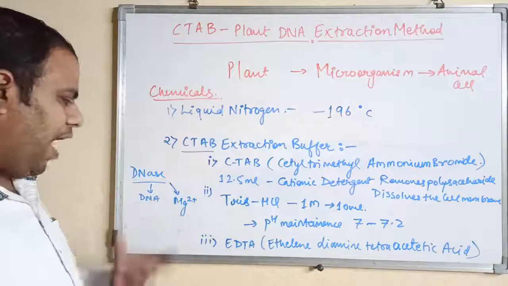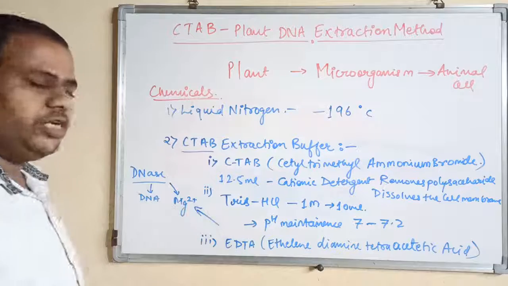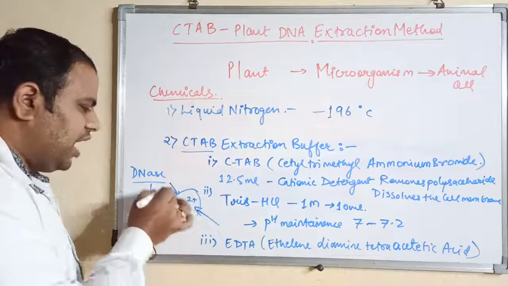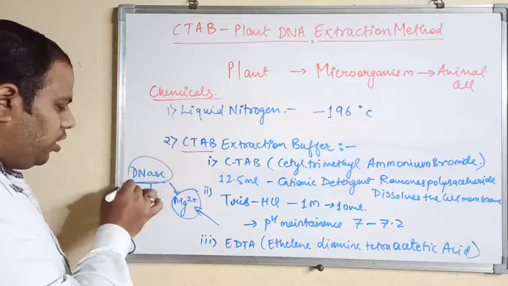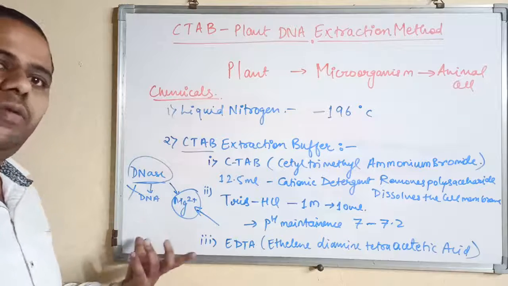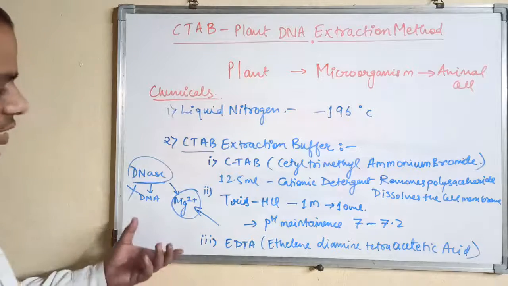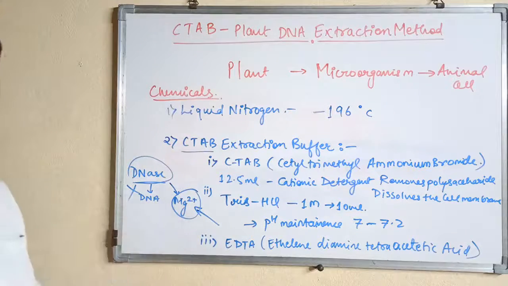This EDTA chelates or captures this Mg2 positive ion and makes it unavailable for the DNase enzyme, and now the DNase enzyme cannot degrade the DNA and our DNA remains intact. So this is the role of EDTA here: it restricts the DNase activity by restricting the Mg2 positive ion. This is the third chemical.